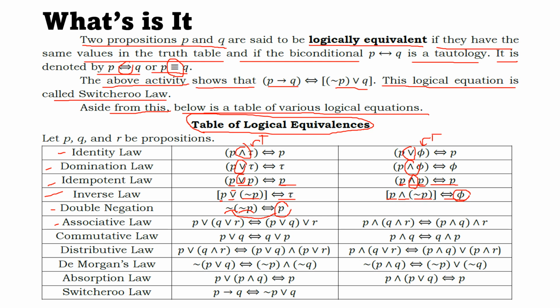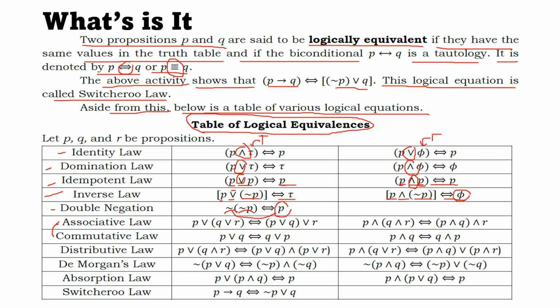Your commutative properties apply the operation on two logical statements, but the associative property involves three logical statements.